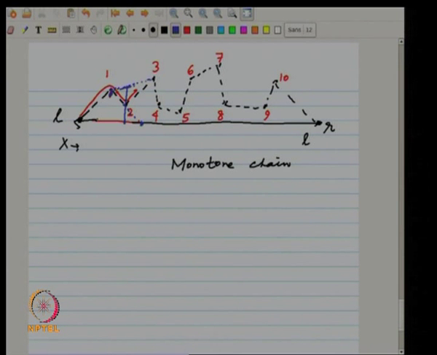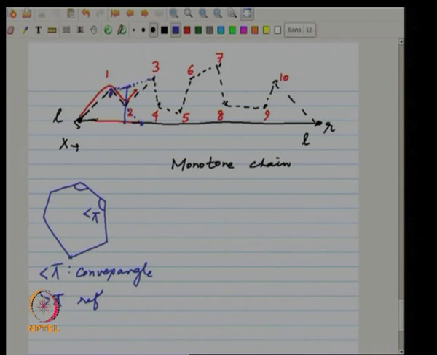Another thing I forgot to mention is about these kinds of angles. You look at the interior of a convex hull, you look at these angles. These angles must be less than pi and this is called a convex angle. Less than pi is a convex angle and greater than pi is called a reflex angle.